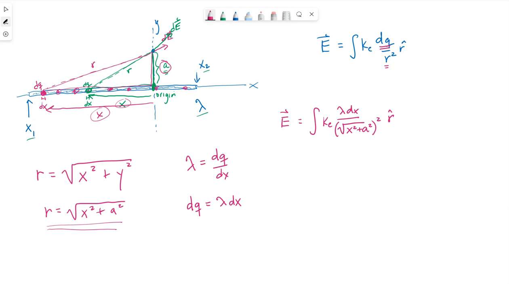Now r hat we still need to consider, because we have to account for the direction and how the direction is changing as we look at all these different pieces of charge. So coming back to the picture, I drew first this leftmost circle I drew. I'm going to call that number 1.